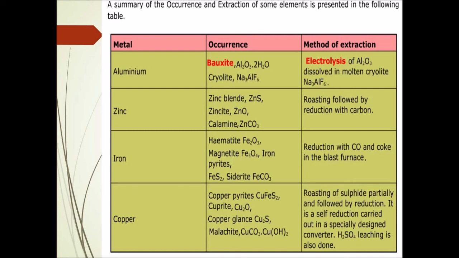Students, for better understanding of the concepts, I request you all to go through the video again and again. Anyway, for this particular concept of thermodynamic principle and electrochemical principle, you need to know how to choose the reducing agent, and it is not that important from your examination point of view.